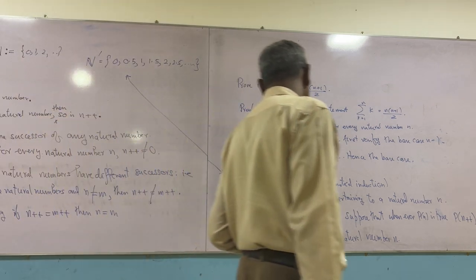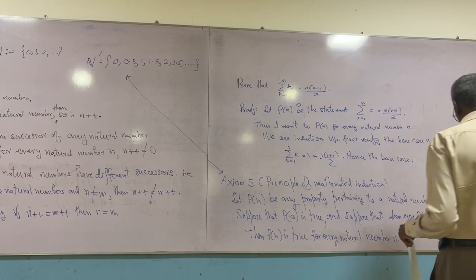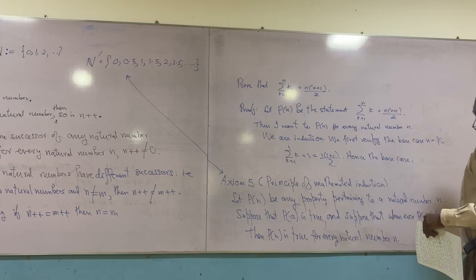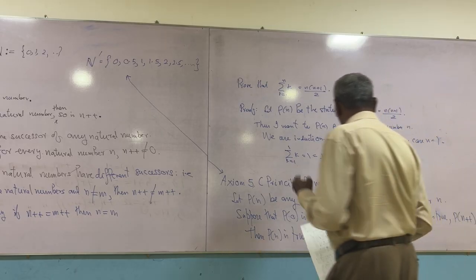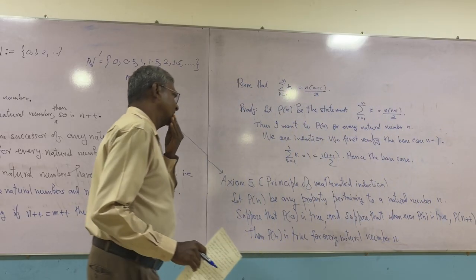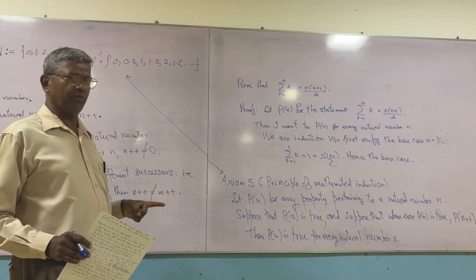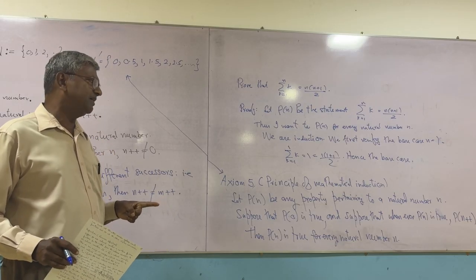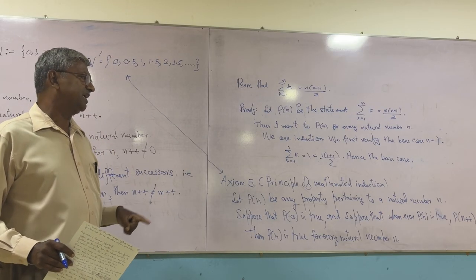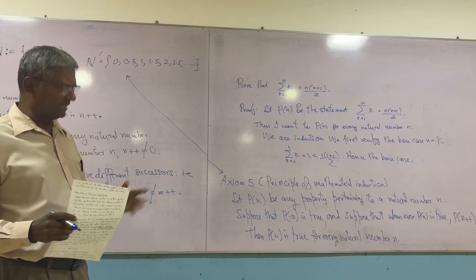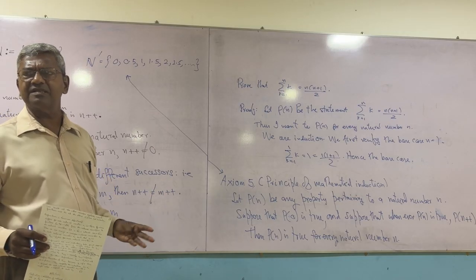Suppose that P0 is true and suppose that whenever Pn is true, Pn plus 1 is also true. Very important. Whenever Pn is true, Pn plus 1 is also true. In our case, Pn plus 1 is true.